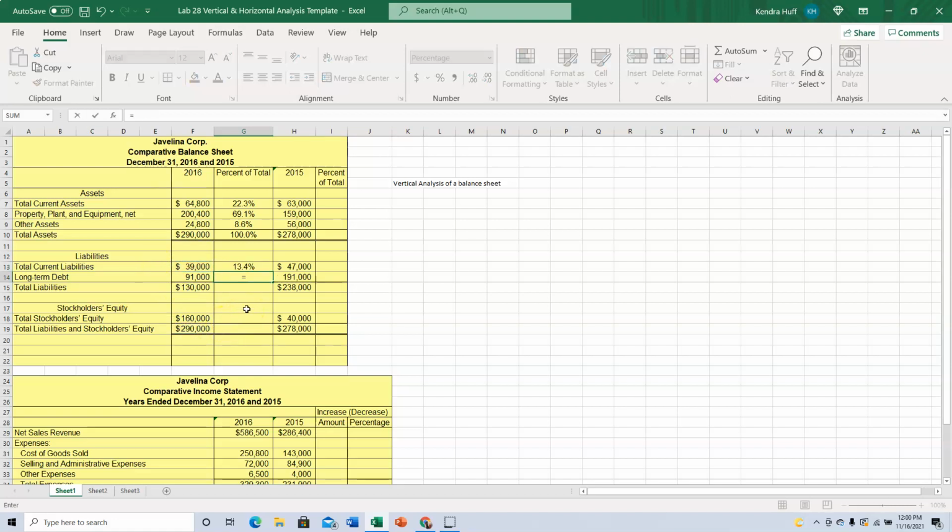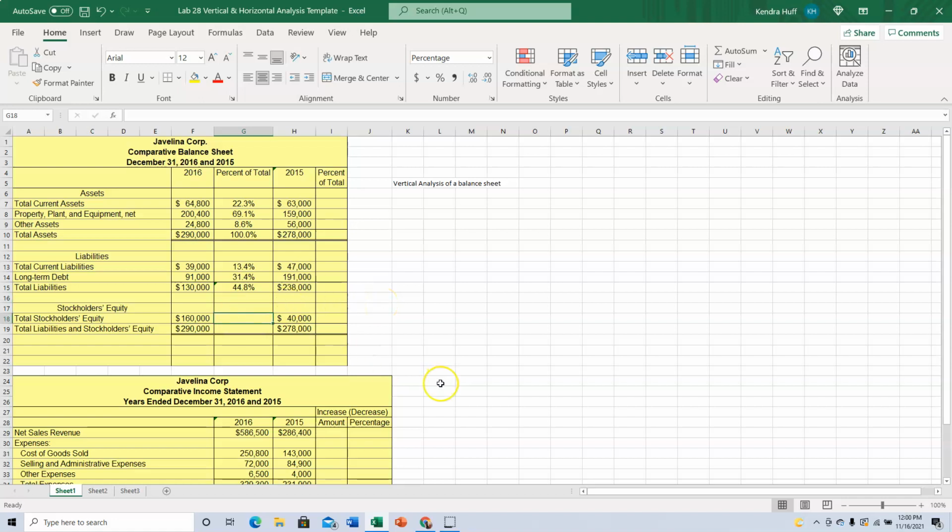And it's the same thing for the total liabilities. On this one, you can either divide it by total liabilities and stockholders' equity, or I could have summed these two up. Either way, you get the same answer.